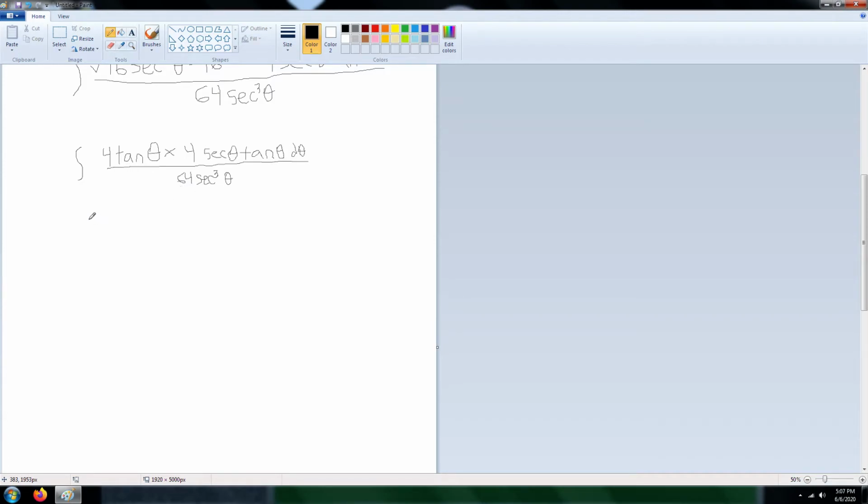So now we have the integral of 16 secant theta, and what we have here is tangent squared theta. And remember, we still have d theta, okay?